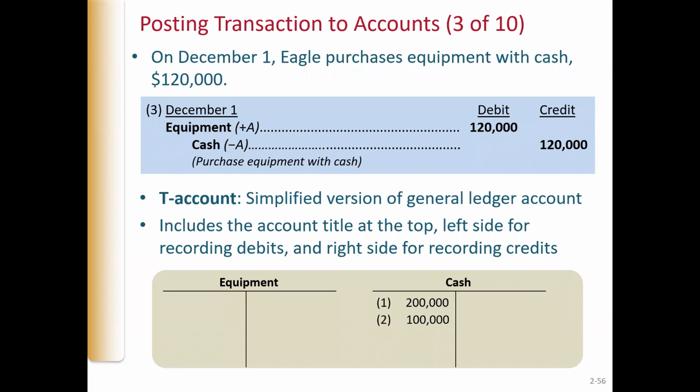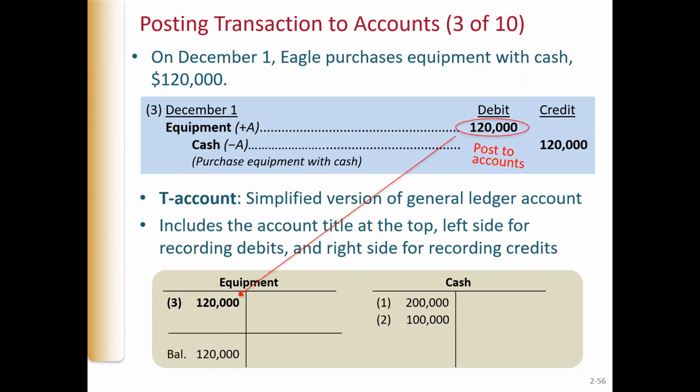On December 1st, Eagle purchases equipment with cash for $120,000. We're going to debit our equipment and we're going to credit cash. Now, instead of taking each account, we can use accounts in what we call a T account version, which is just a simplified version of various independent accounts, where we just stick them on the left side or the right side like this.